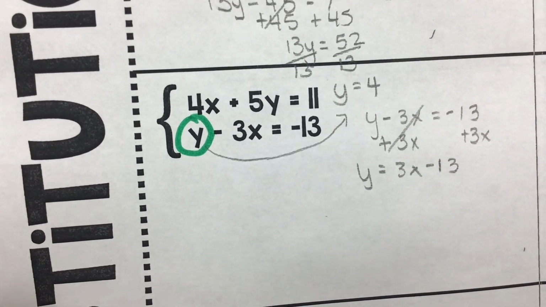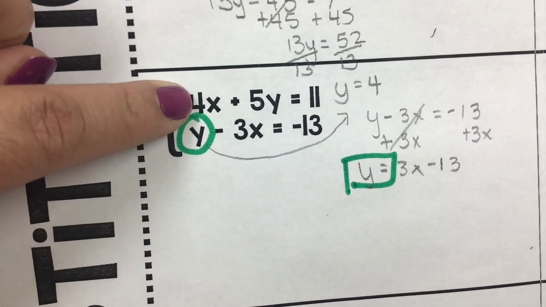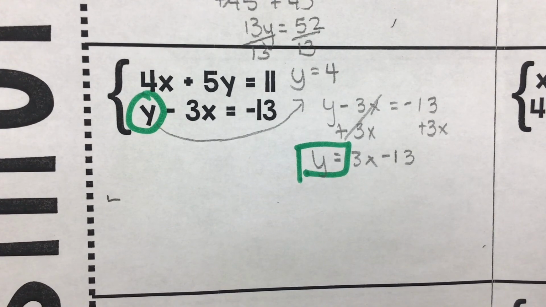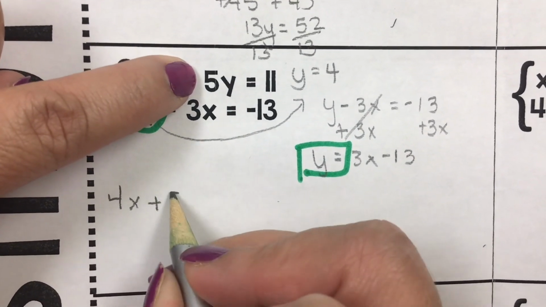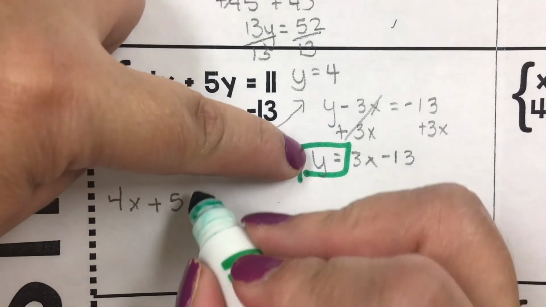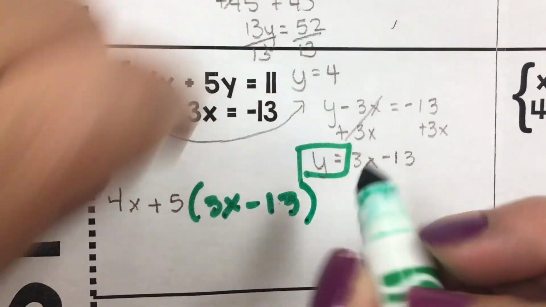Now I can substitute this value into that second equation. So it's a y value. 4x plus 5, but instead of writing y, we're going to set what y equals, which is 3x minus 13.